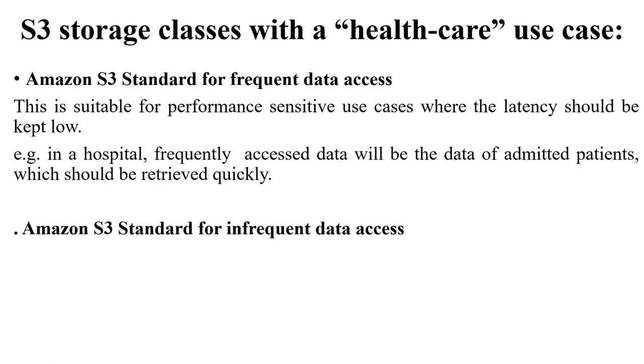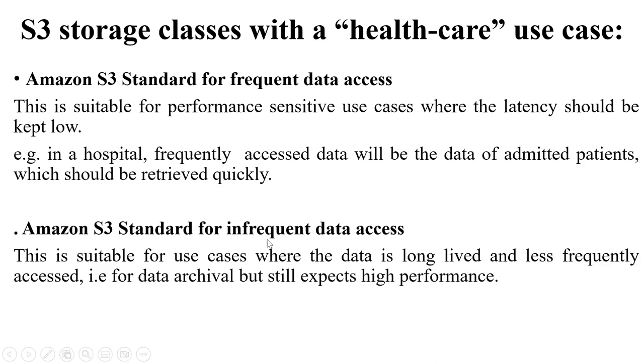So the second level of class is moving those objects from the standard class to infrequent data access. If we move the object from frequent to infrequent data access, this is suitable for use cases where the data is long-lived: we need to store the reports for a long duration and they are less frequently accessed.